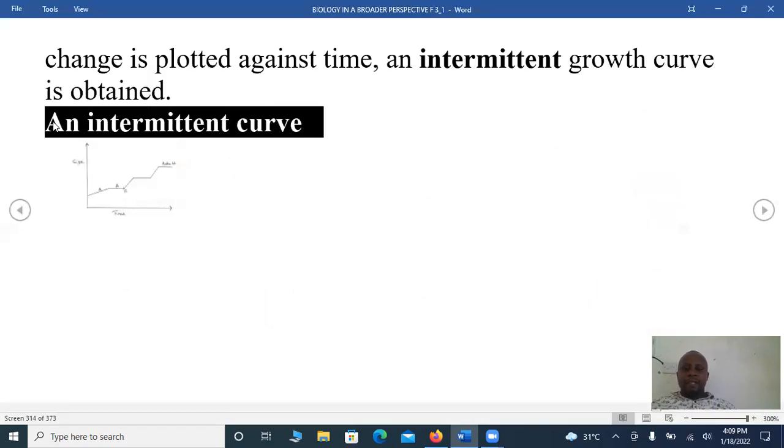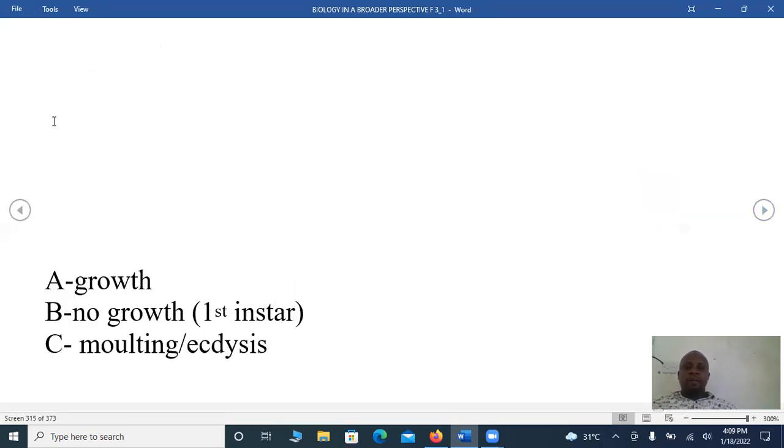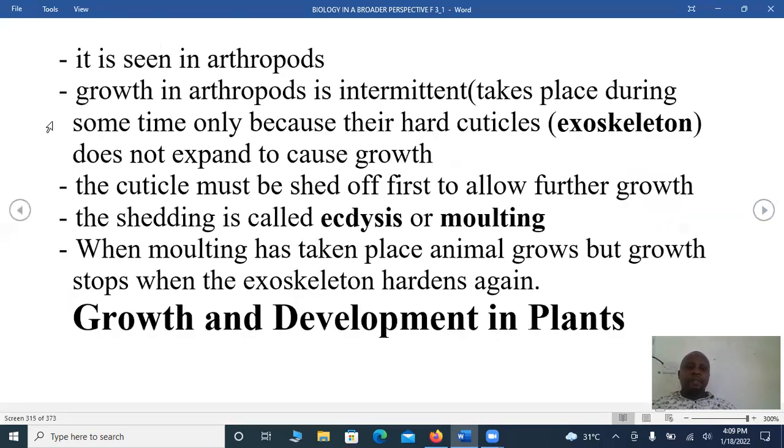Now, at this juncture, let us look at the literature. We've said this intermittent curve is evident in arthropods.